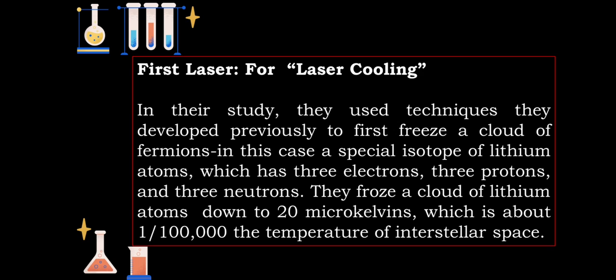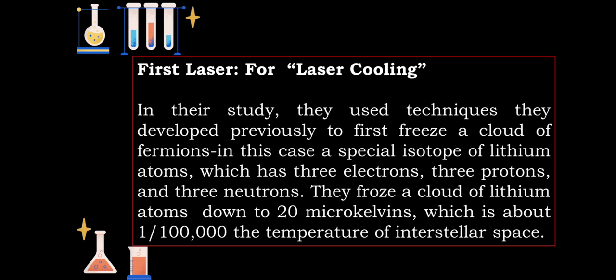Okay, so sa first laser for laser cooling, in their study, they used techniques they developed previously to first freeze a cloud of fermions, in this case, a special isotope of lithium atoms which has 3 electrons, 3 protons, and 3 neutrons.